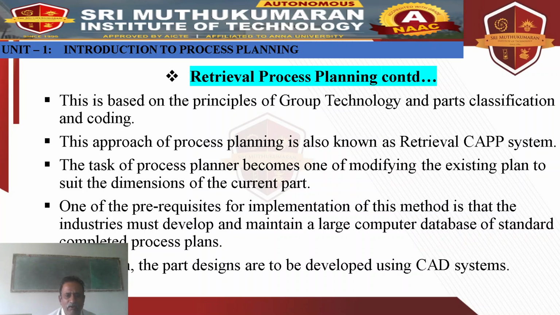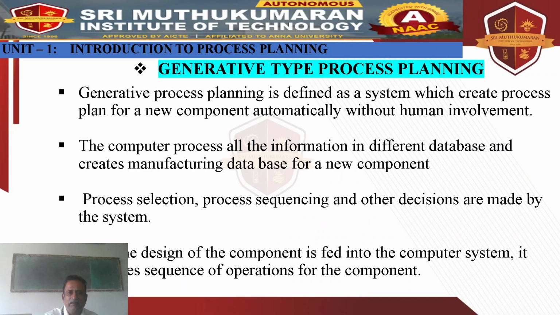One of the prerequisites for implementing this method is that the industries must develop a large computer database of standard completed process plans. That is, the company should have a database which has plenty of already prepared process plans. In addition to this, we need only computerized drawings. The part designs will be developed using a CAD system. That is the requirement of this planning system.